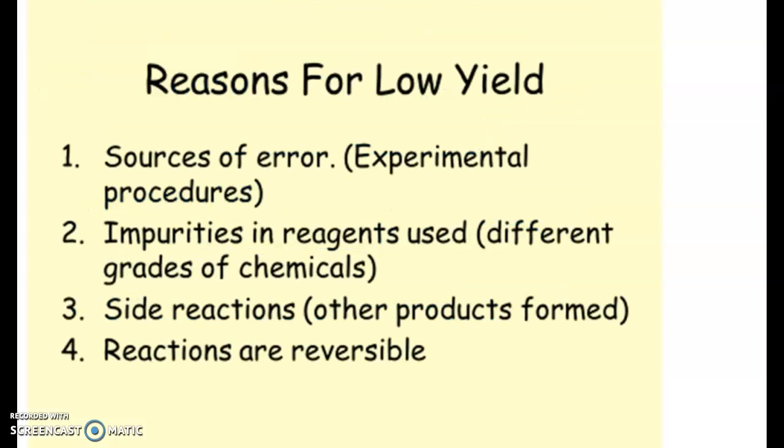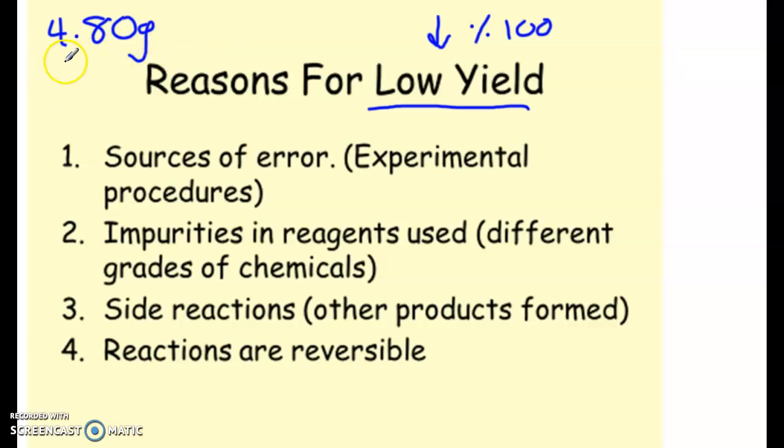Okay, so what are some reasons why we get less than what we're supposed to? So low yield means lower than 100%. So this is the example I started off with. We really got 4.8 grams, but we were supposed to get 5 grams, right? So we have a lower amount of yield than what we should have gotten.